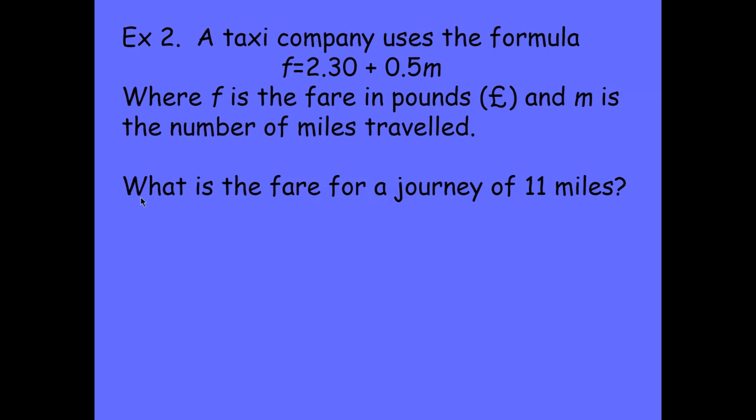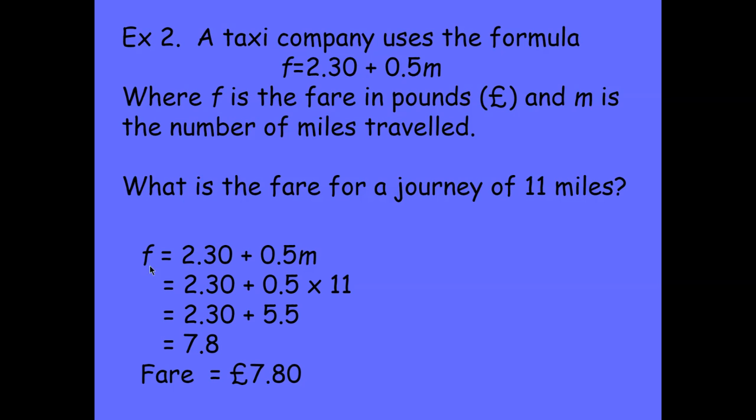So if we're asked to find the fare, F, for a journey of 11 miles, well, the number of miles is m, so we're going to replace m by 11. So we write out our formula, F equals 2.30 plus 0.5m. We now know that m is 11, but 0.5m must be written out in full as 0.5 times 11.